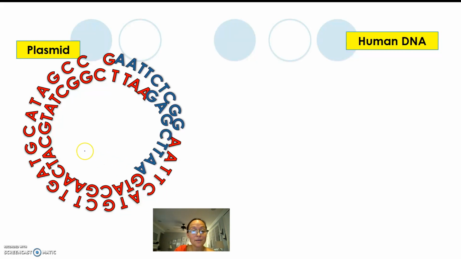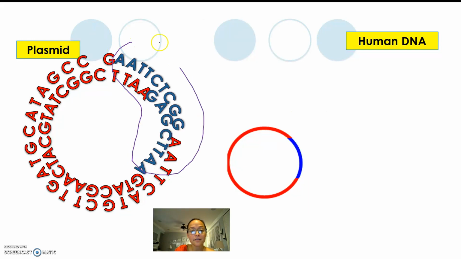Now this plasmid is recombinant DNA. It's DNA from a bacterium and a human put together, all because of those sticky ends that follow base pairing rules. So now I have a recombinant plasmid, and this light blue section here is what I have in this area.